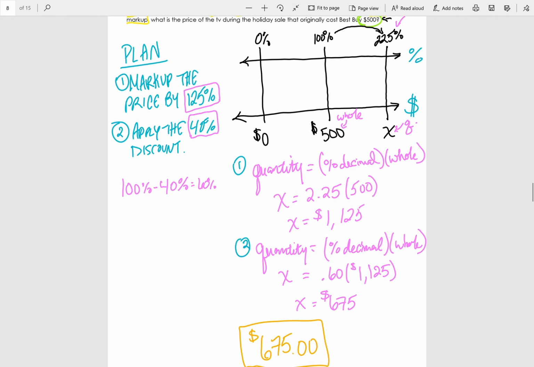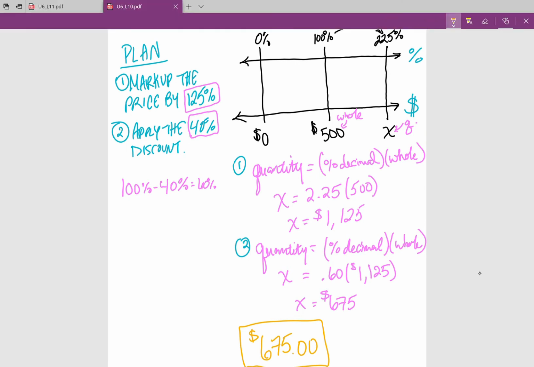So lastly, let's go through our criteria for success to make sure that we do it right and successfully every single time. CFS. Number 1. The problem is annotated for quantity, whole, and percent change.